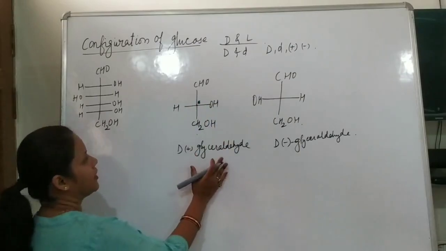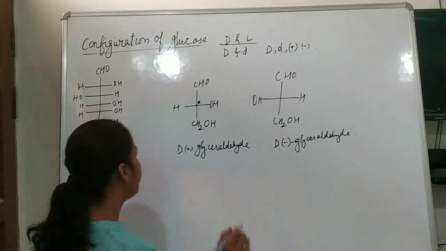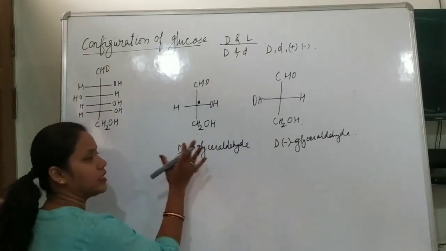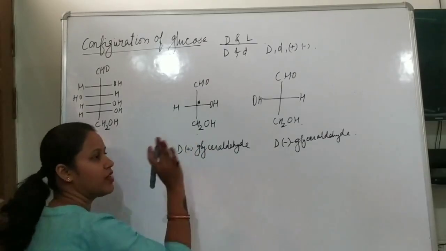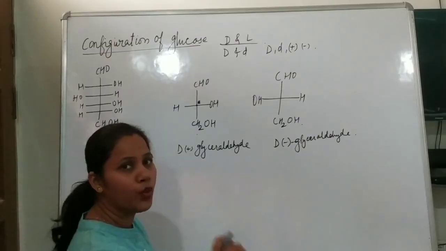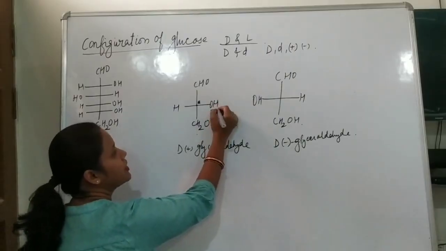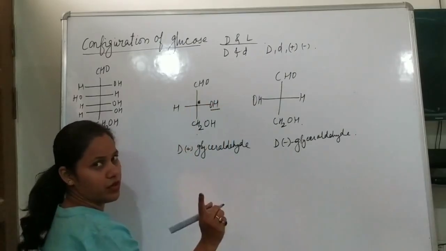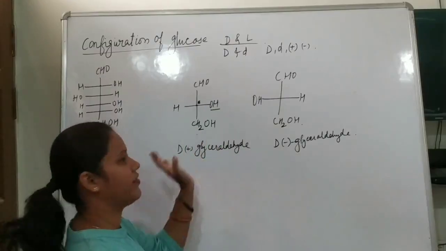So in glyceraldehyde, we have one carbon which is asymmetric. Okay? So when we write the configuration of glucose with respect to this, we have to see whether the hydroxyl group attached to the lowest asymmetric carbon lies on the right hand side or on the left hand side.